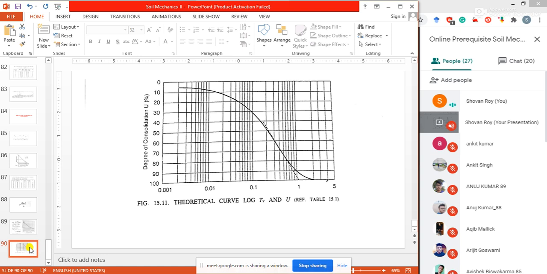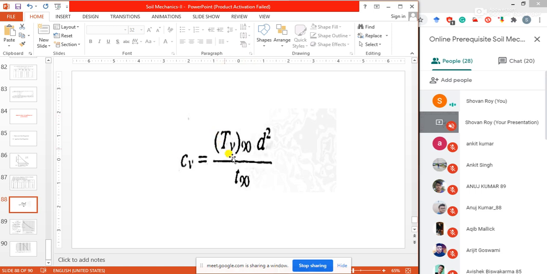From this graph also we can find out our important TV90 value. The object of plotting this graph is the same: to find out the TV90 value. When this TV90 value is available, I can calculate the coefficient of consolidation. For this calculation of TV90, we need the laboratory readings.